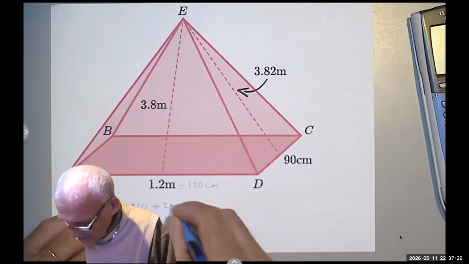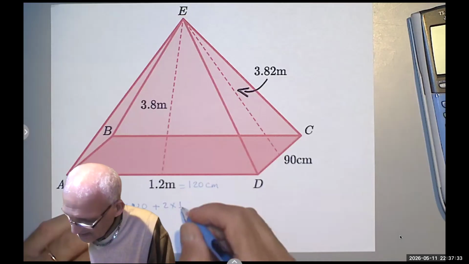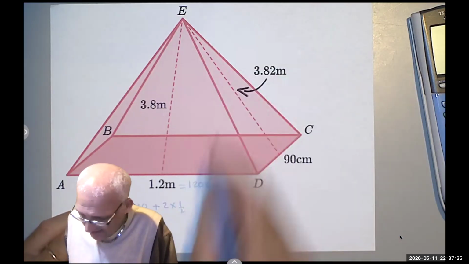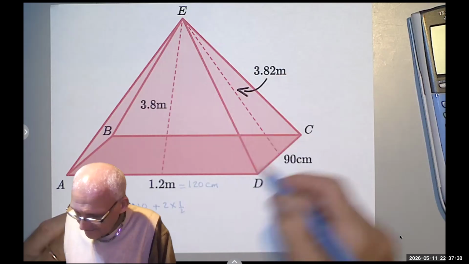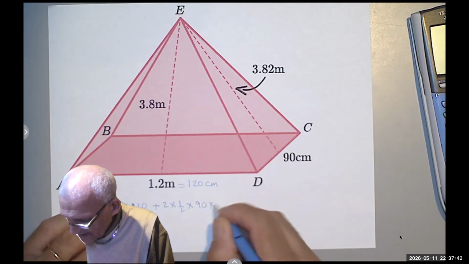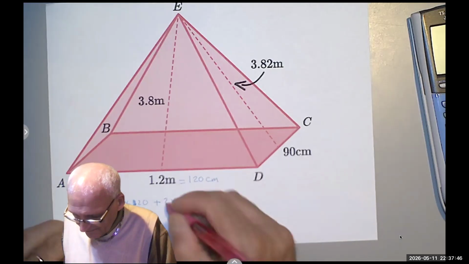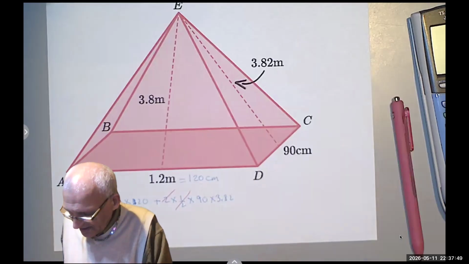So 2 times 1/2, because the area of a triangle is 1/2 base times height. If I start with this face, I have 2 of them, and the area of this triangle is 1/2 times base times height. Notice that the 2 and the 1/2, they always cancel if they are 2, so I don't care about those.